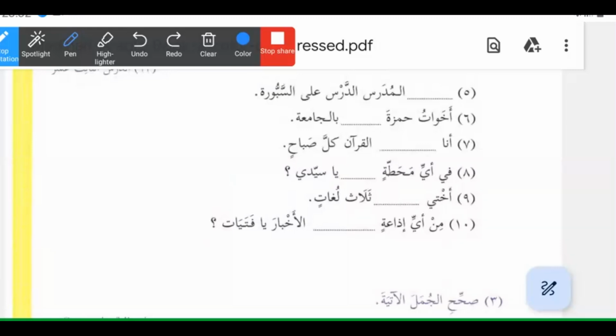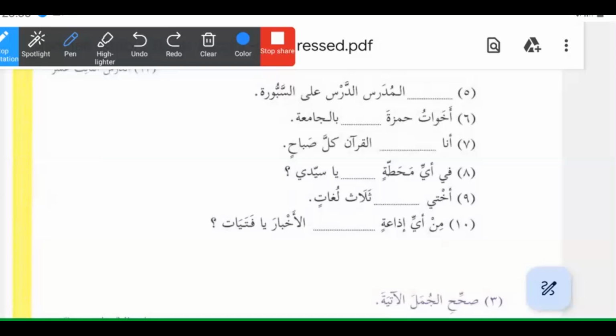Fi ayyi mahattati, we will say tanzilu. Tanzilu, because once we have a mukhatab, a second person in front of us, it is anta. That's a simple way of remembering anta. That's why tanzilu. في أي محطة تنزل يا سيدي.